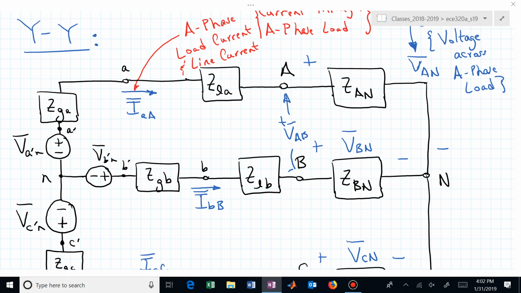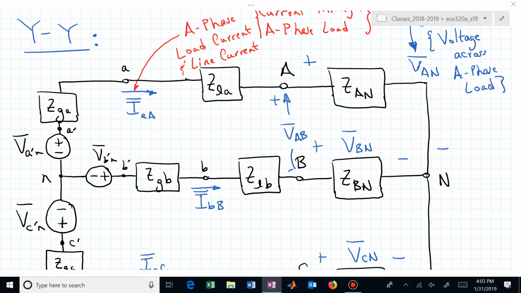Now I have to do this KVL that involves V sub AN and V sub BN in order to figure out what, well, that's kind of an ugly thing, but that plus minus is actually a plus with a phasor bar on top of it. That's V sub AB. That's the line voltage at the A phase, but that's not the same as the phase voltage in the A phase.